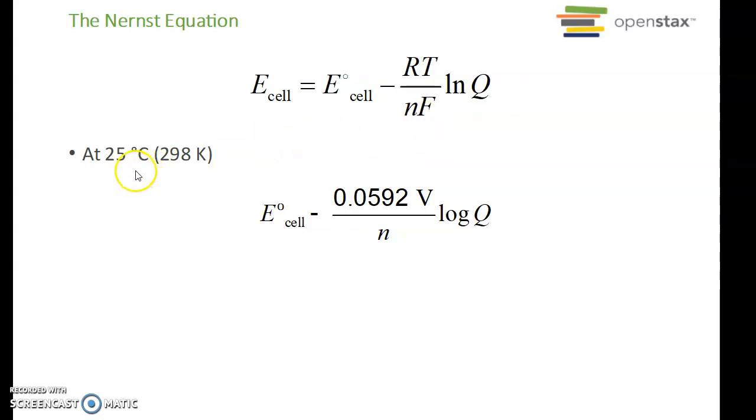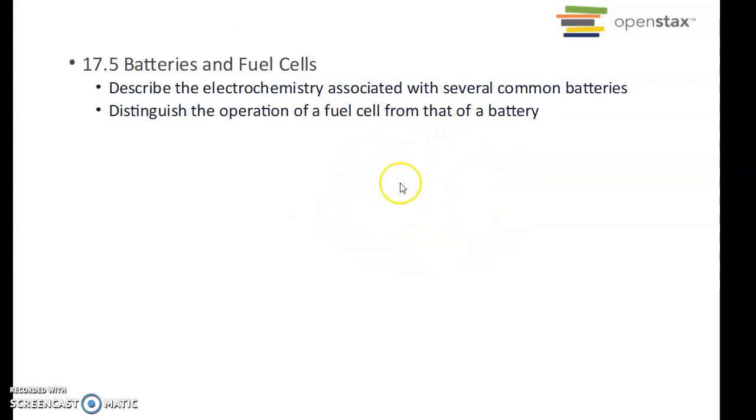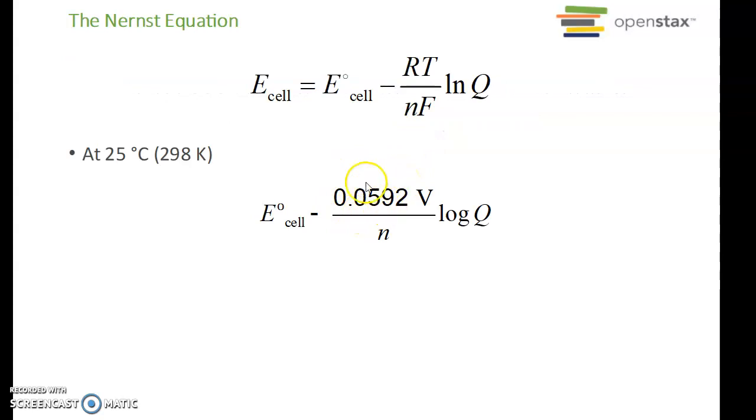At 25 degrees centigrade, or 298 degrees Kelvin, this RT over F, plus the fact that you have a natural log here and a regular log to the base 10 here, puts this sort of factor into effect. Okay, so this is a second way of looking at that equation, and the key thing is to note that this constant at 298 only also results in a change from the natural log to the log to the base 10.